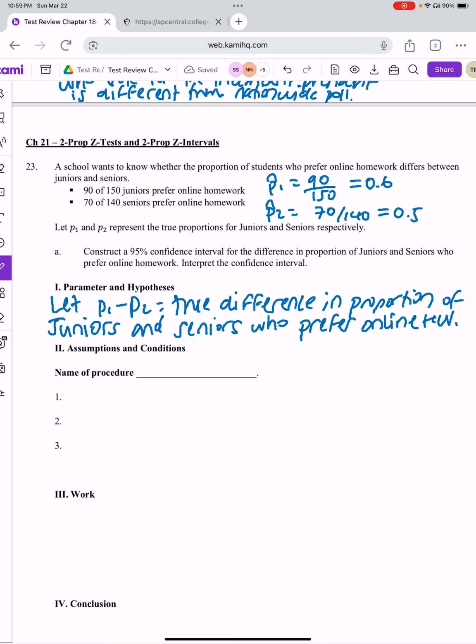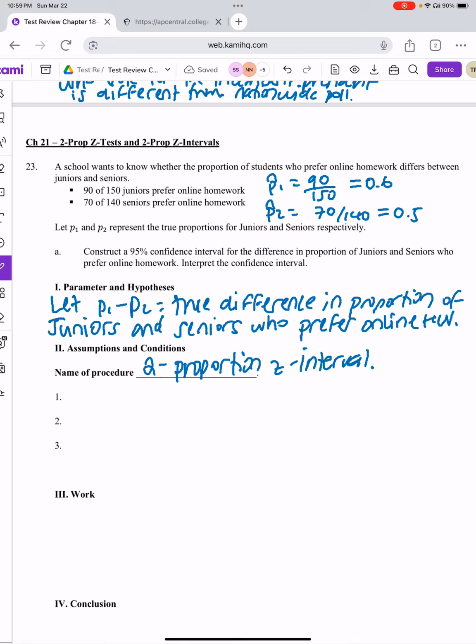The name of the game is a two sample, this is two proportion Z interval. So two samples and its proportion, so we use Z.